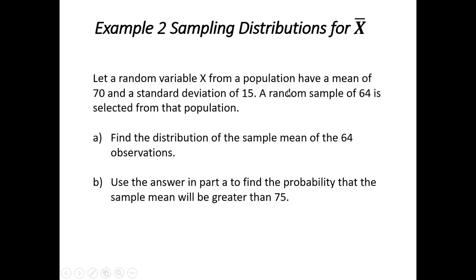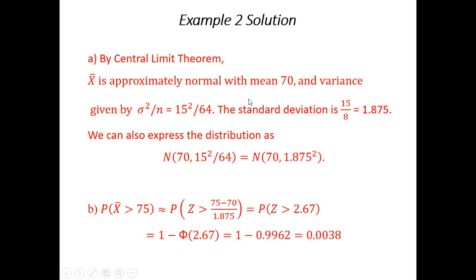The mean just matches the underlying, but the standard deviation we have to adjust. The standard deviation would be, we could think of it here, either 15 over the square root of 64, or this is given here as the variance, 15 squared over 64. When we take the standard deviation and simplify the fraction, we get 1.875.